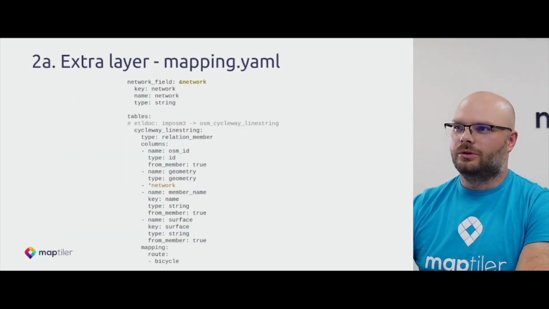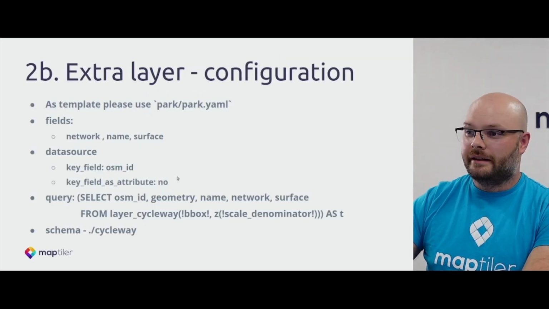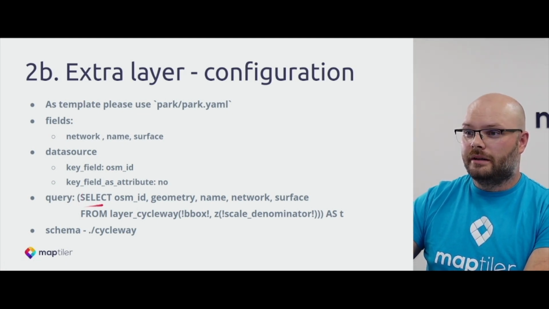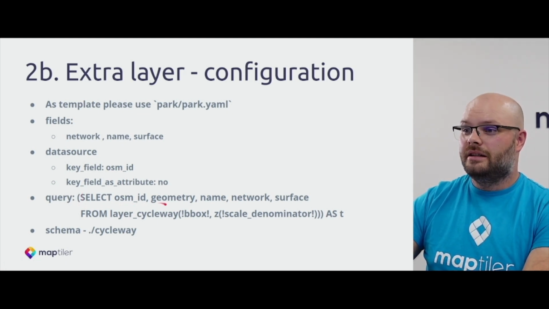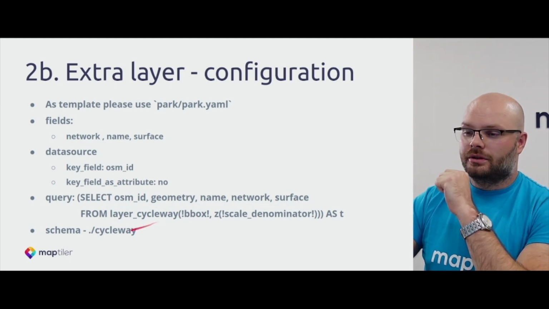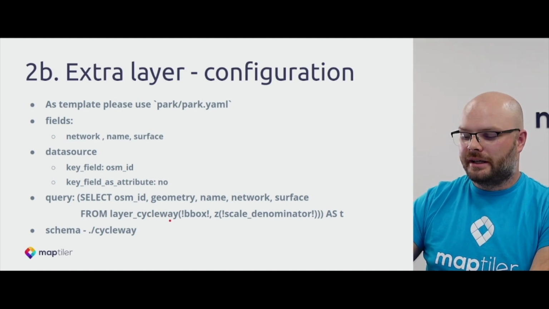This is how the mapping file looks, the configuration file with the query, where we select the OSM ID, geometry, name, network, and surface from this function, which was defined in the cycleway SQL file.